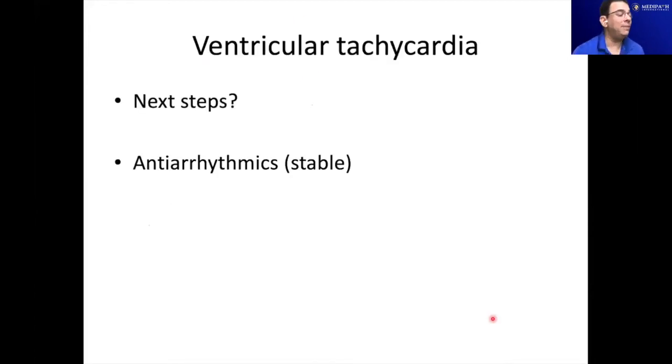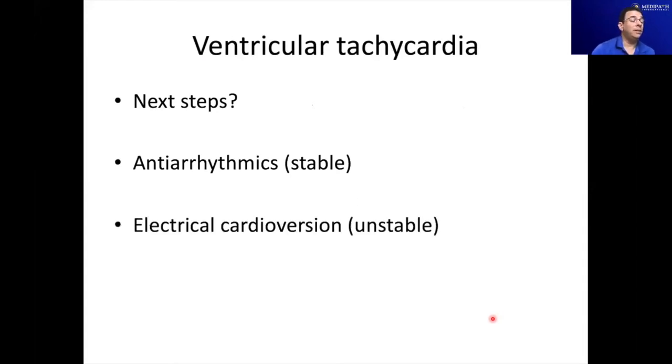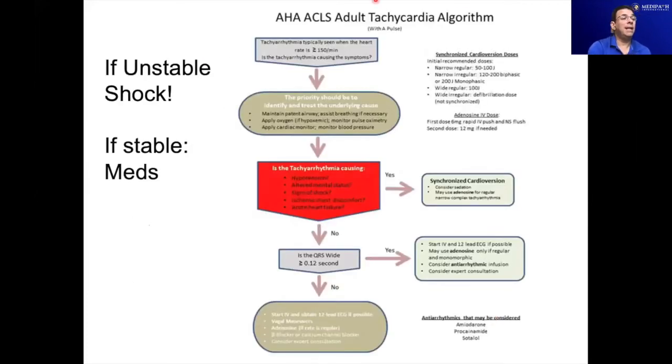So for VTAC, if they're stable, we use antiarrhythmics. Amiodarone and lidocaine are the most common drugs we use. If they're unstable, you cardiovert. If they're pulseless, then you would actually defibrillate. So again, as you guys are going, I assume throughout countries you use something similar, if not the ACLS algorithm.